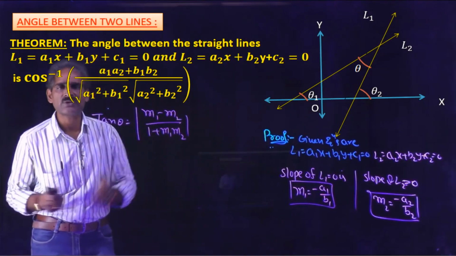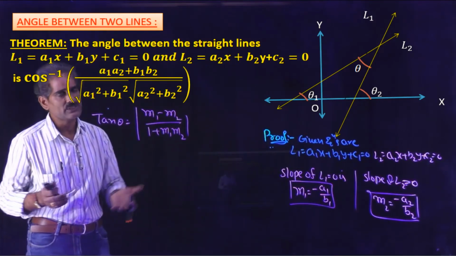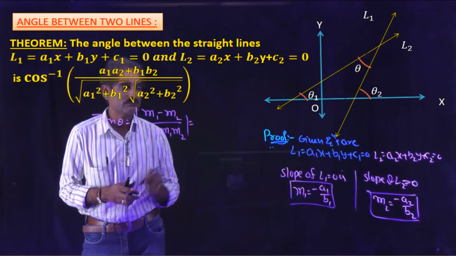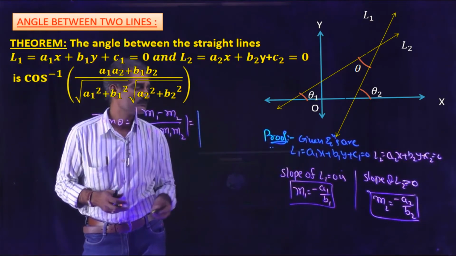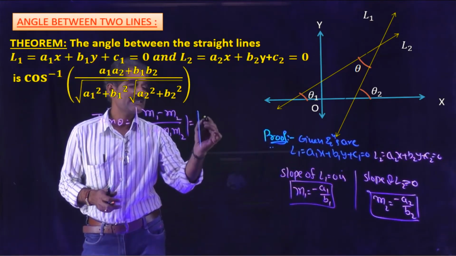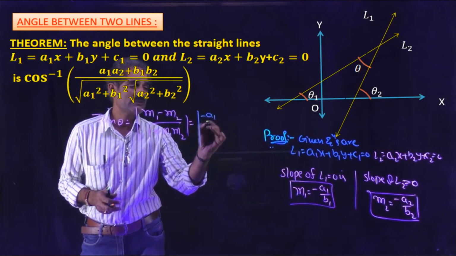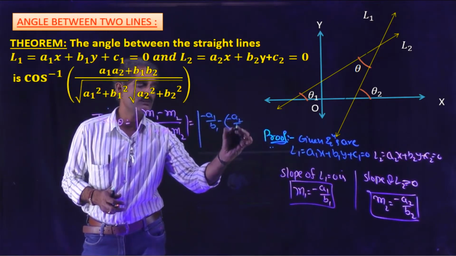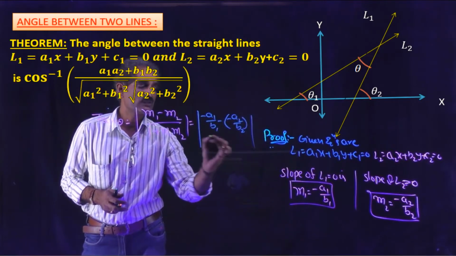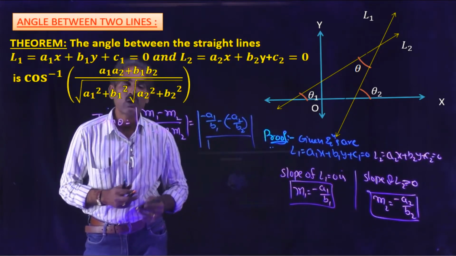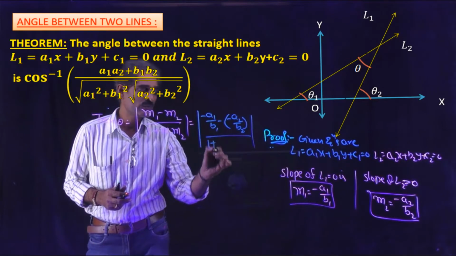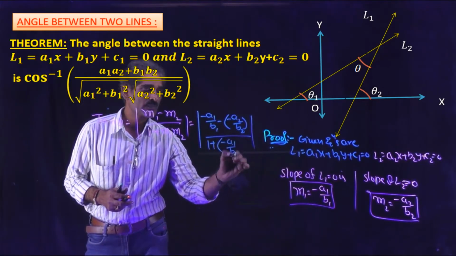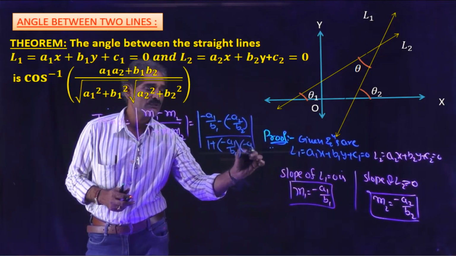First of all, find tan theta in terms of a1, b1, a2, b2, then we can convert into cos. So now substitute the values. m1 equal to minus a1 by b1, m2 equal to minus a2 by b2, in m1 minus m2 by 1 plus m1 m2.